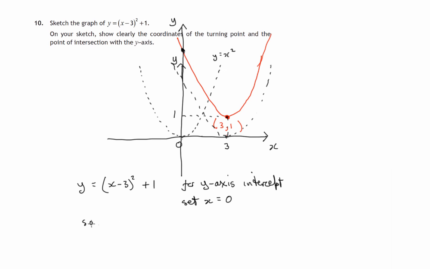So that means that y will be (0 minus 3) squared plus 1. So that's negative 3, 0 minus 3 is negative 3, to square that and add 1. Negative 3 times negative 3 is positive 9, plus 1 will give us 10. So this point up here is (0, 10), or 10 on the y-axis.